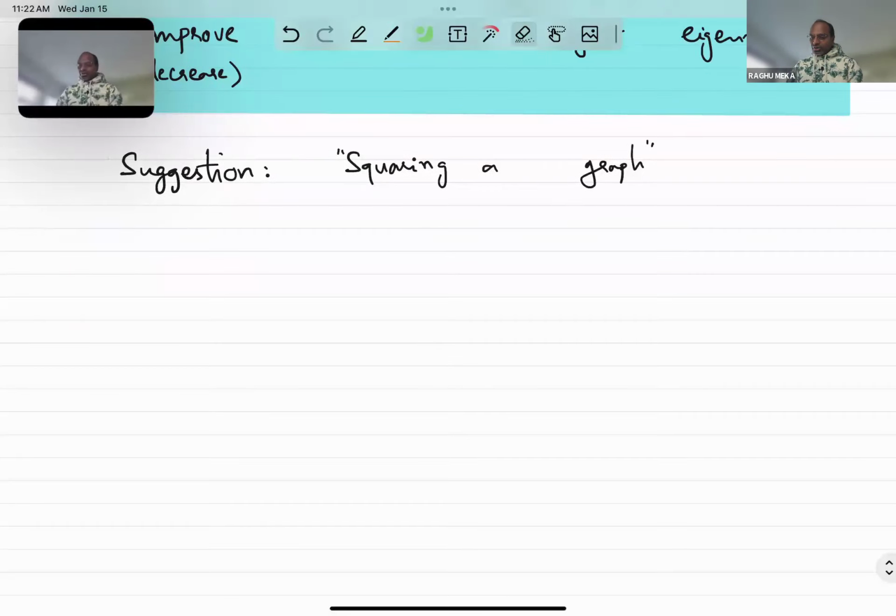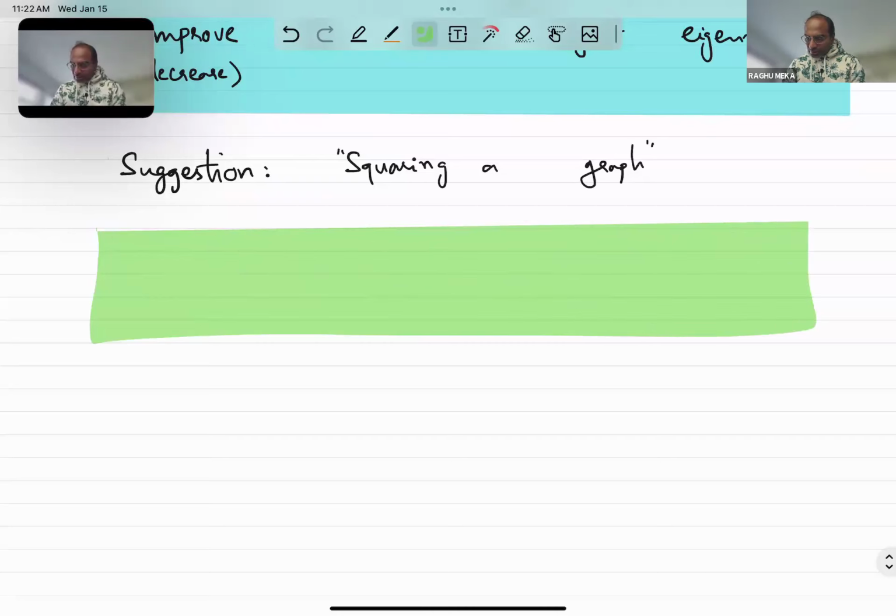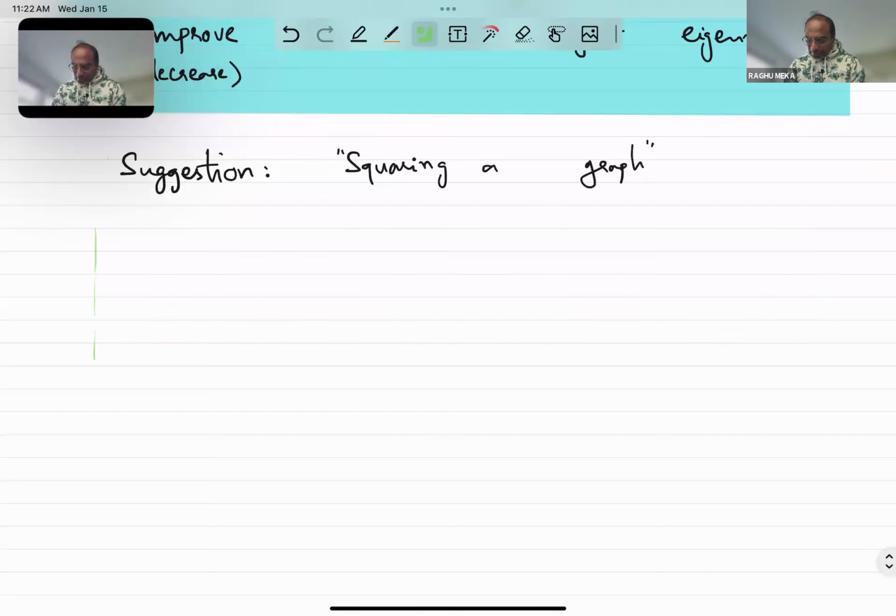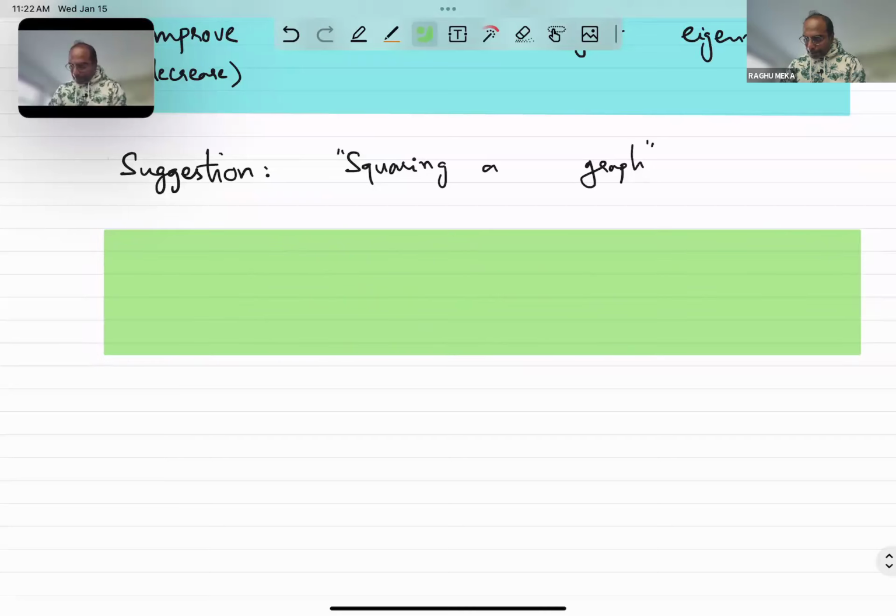Before doing this, I'm going to mention that we will work with multigraphs.